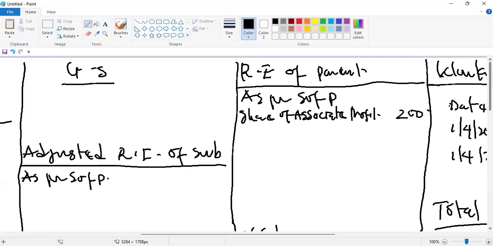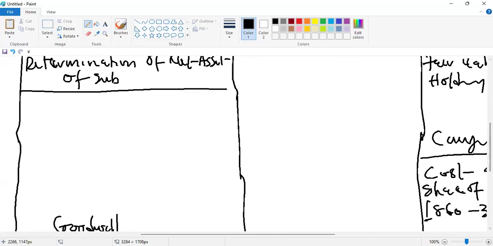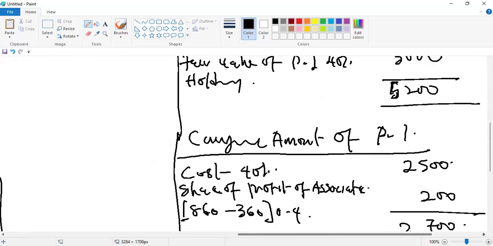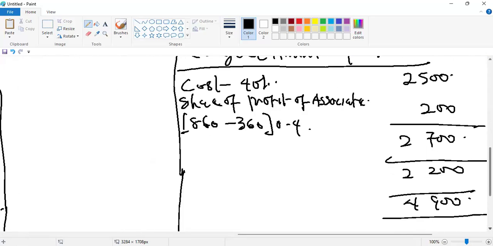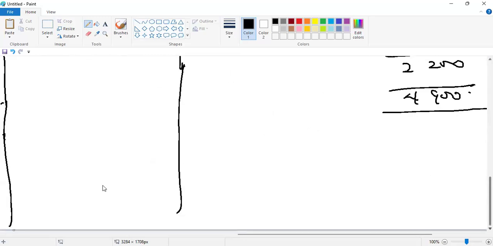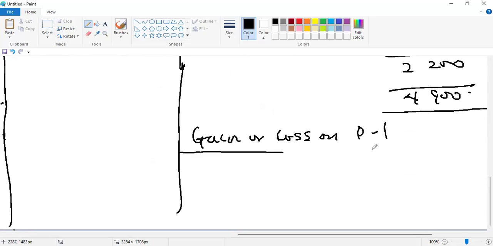I will now calculate gain or loss on previous investments. What is the carrying amount of the previous investment? 27. What is the fair value? 3,000. And the gain or loss on previous investments.